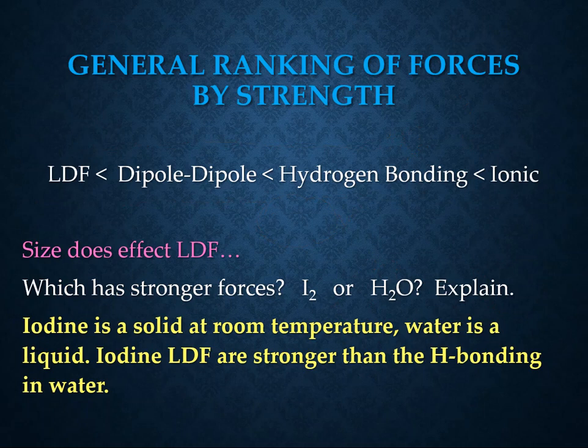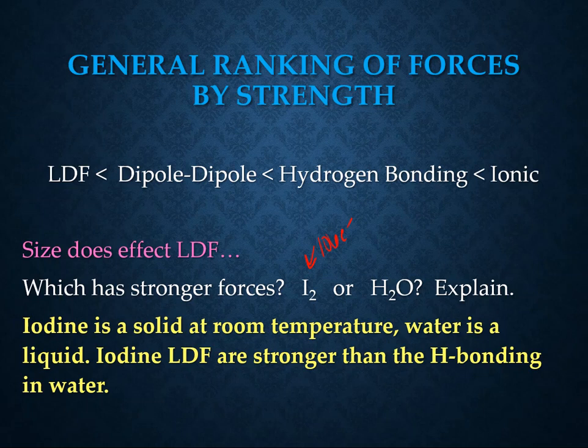at room temperature. That means, of course, the forces have to hold the particles in fixed position, whereas the liquid particles can flip and turn and rotate and have more kinetic energy. So in this particular case, the size of those LDFs: iodine has 106 electrons in its cloud. It has 2 atoms of iodine, and they both have 53 electrons. It's a linear shape.